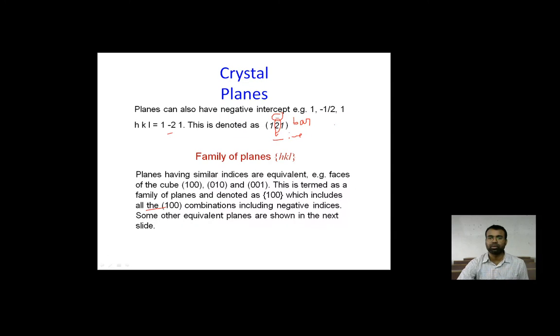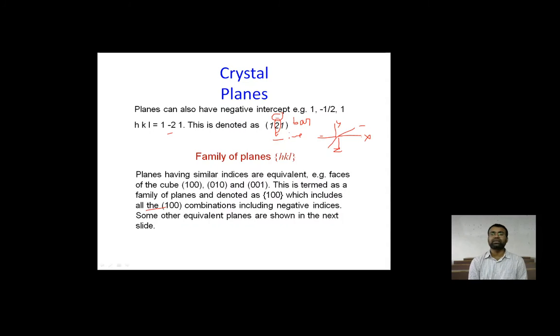If we are talking about the x, y and z axes, then x is related to the negative here, y is negative here, and z is negative here. That is how we identify the plane.